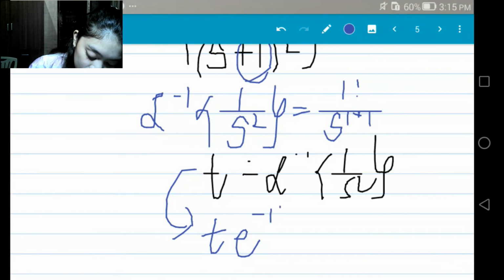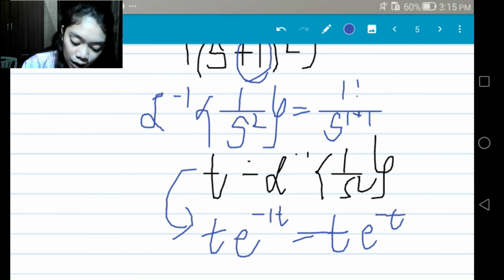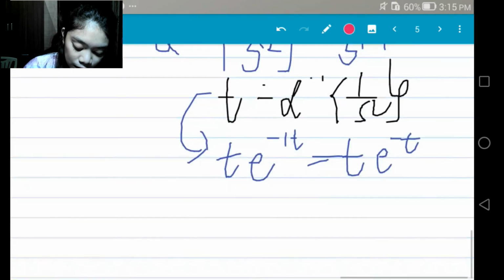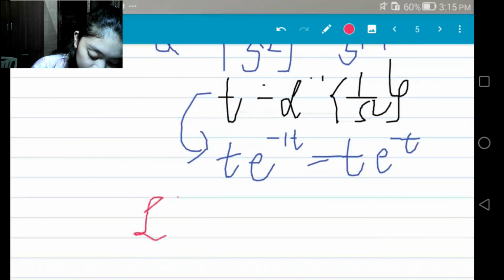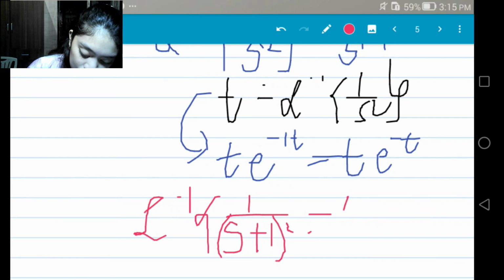So negative 1 t. So simplifying, this is t e raised to negative t. So the Laplace inverse of 1 all over s plus 1 squared is now t e raised to negative t.